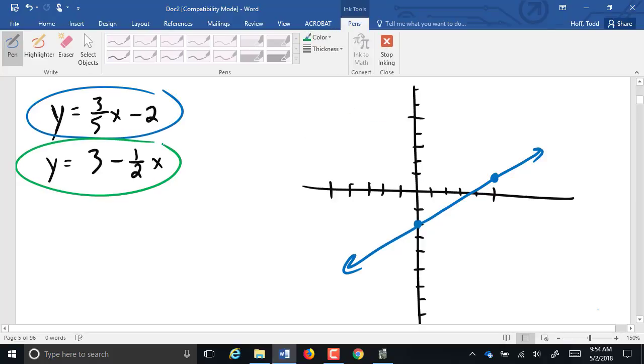This one starts out at +3 right there, and it goes down 1. Oh, if you go up 1 and back 2. Okay. You could technically go up 1 and back 2. It's going to give you the same line.